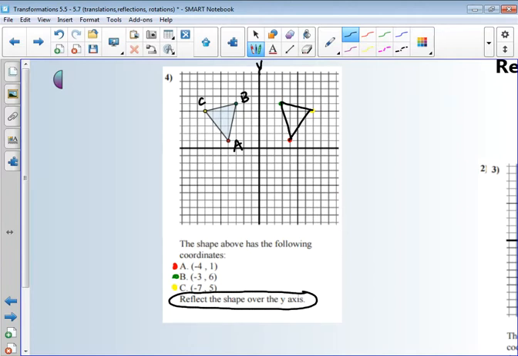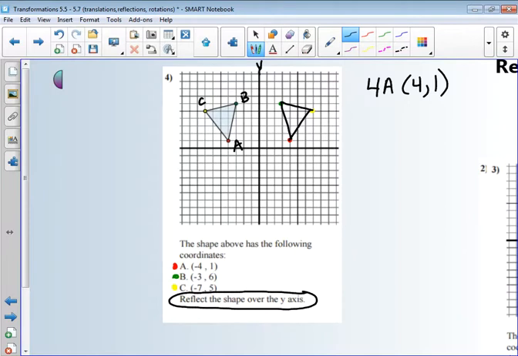Okay, so now if I go ahead and do my new coordinates, well, on your side of your paper, it should say 4A. Okay, so we're going to give the coordinate sets of our new A, which is my red up here. Well, I had to go over to 4 and up to 1.